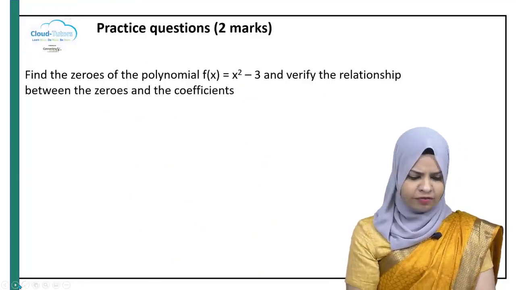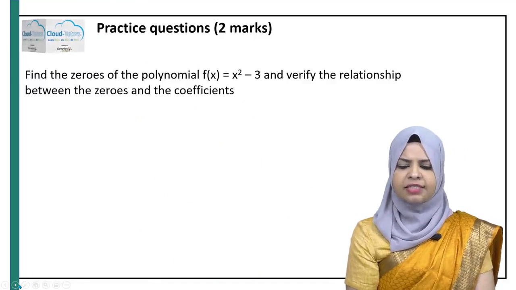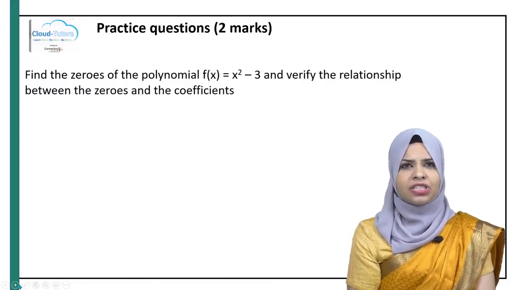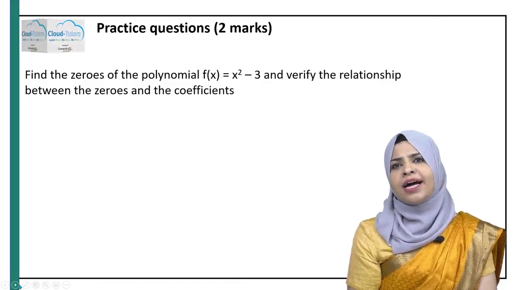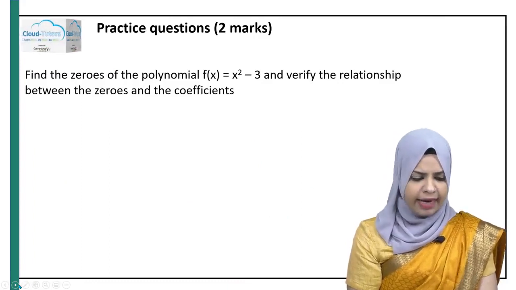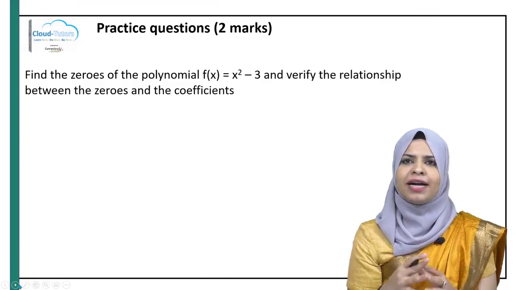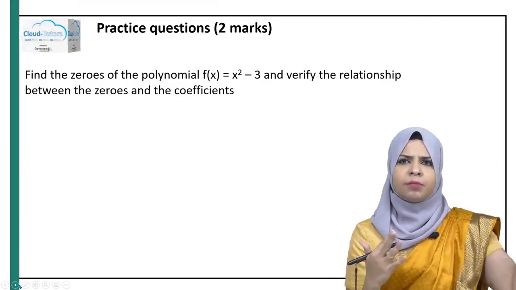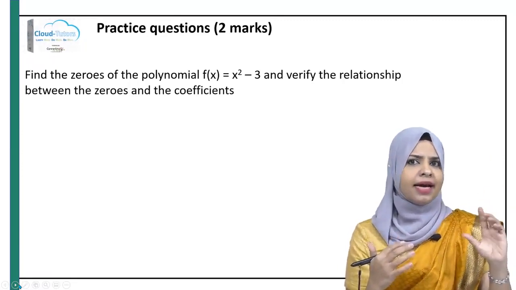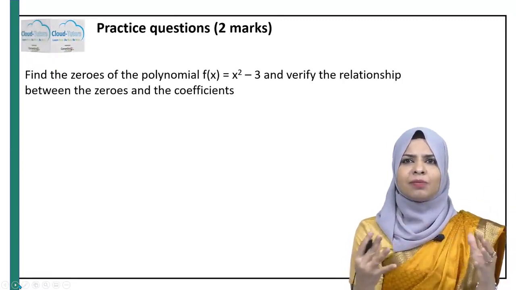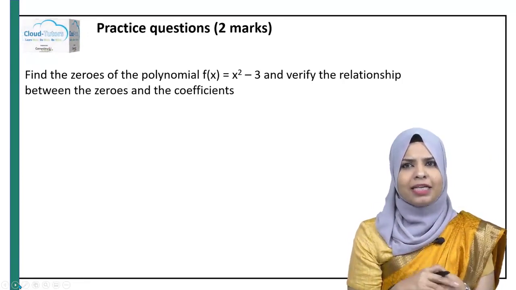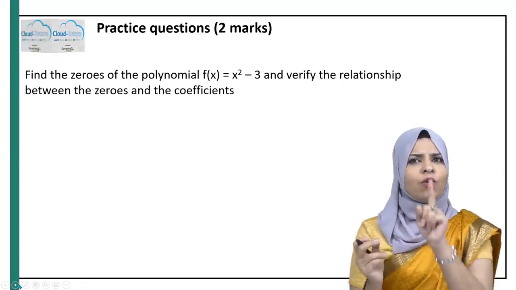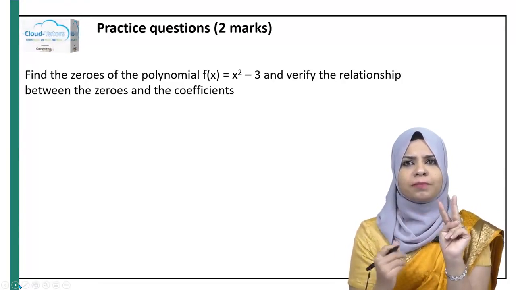So now let's see the next question. Find the zeros of the polynomial f of x is equal to x square minus 3 and verify the relationship between the zeros and the coefficients. Now again we have to verify the relationship. This question is very much similar to the previous one, but there we could factorize the expression using splitting the middle term, because we had 3 terms and one could be split into 2. But here we have only two terms, right?